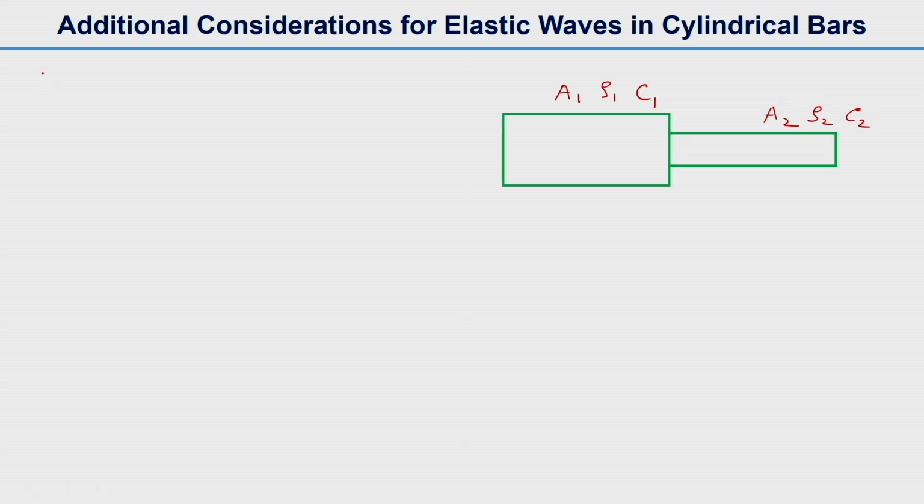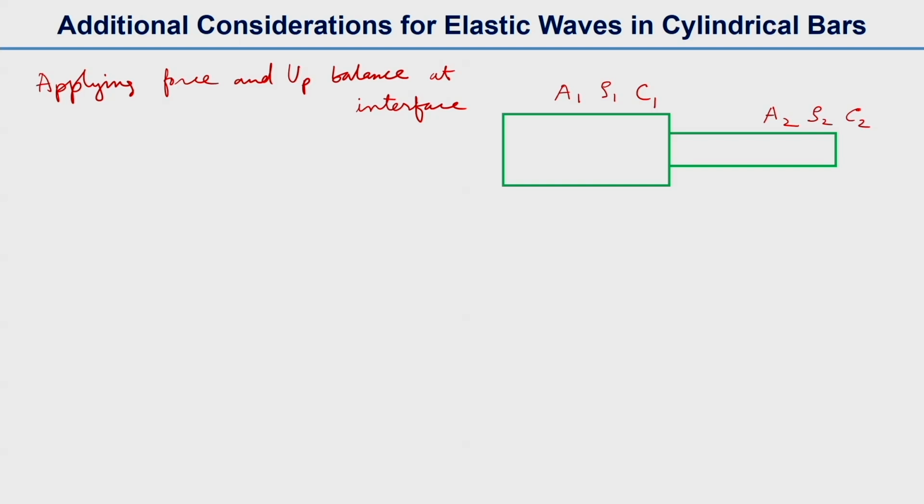Applying the force and particle velocity balance, which we have used earlier, at the interface, we can find the stress and particle velocity in the new cross section.